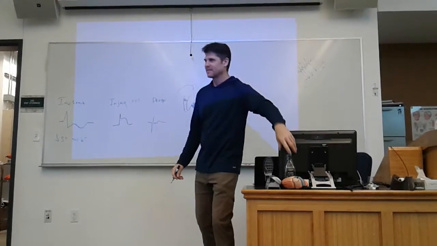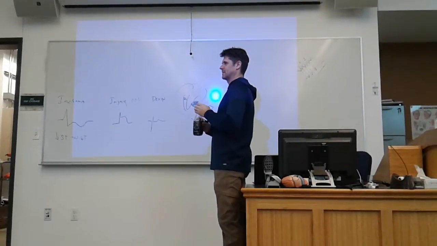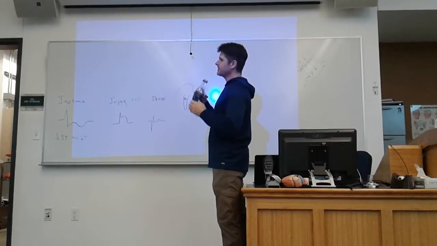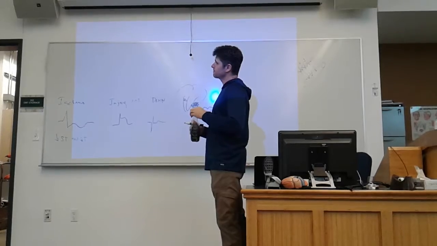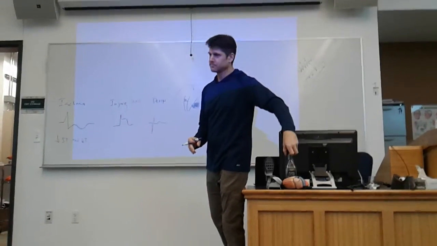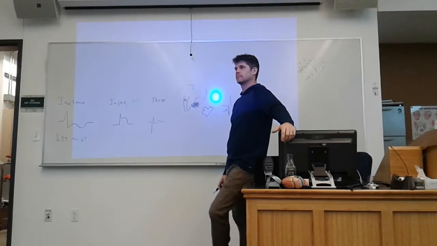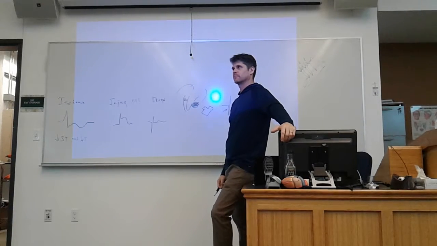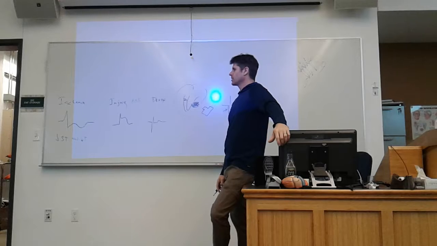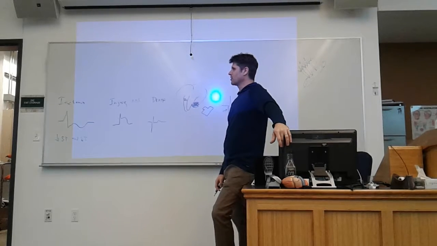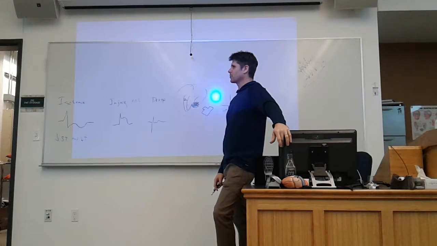Go ahead. For the ischemia, is that always going to be a precursor to an MI, or could you make your heart ischemic just by exercising? I'm not sure how to answer your question, so I'm just going to answer it this way. Anytime your heart is ischemic, it is a precursor to injury.